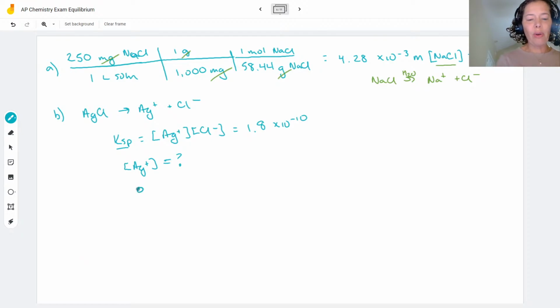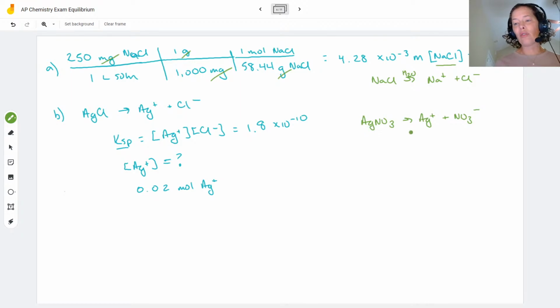concentration. Okay, so here is our concentration of silver nitrate. Now remember, I should put this in green over here. It's still our stoichiometry. So your silver nitrate, this is still a 1-to-1. They're trying to help you out here. That's a 1-to-1 ratio. So my concentration of silver nitrate is equal to my concentration of silver in this 1 drop.